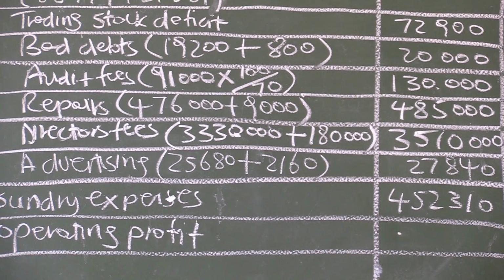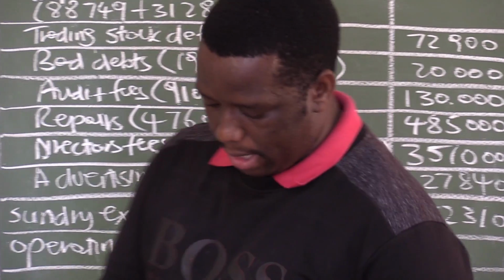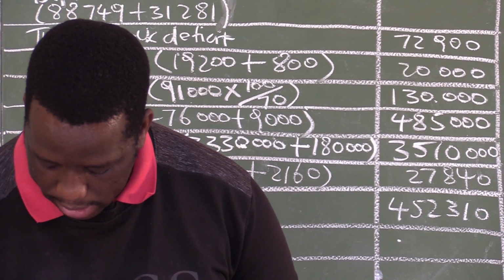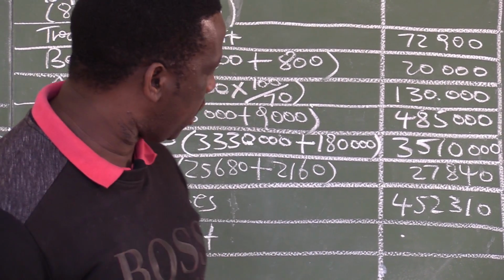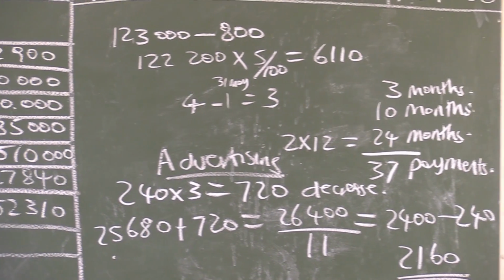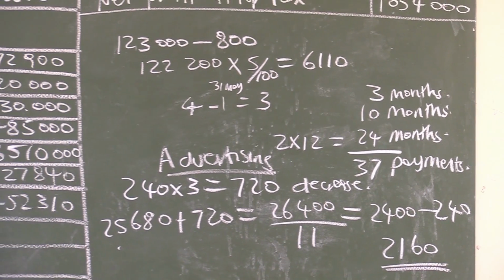Right. The last transaction says the net profit after tax was accurately calculated at 1,054,000. This was given, and the income tax rate is 32%.